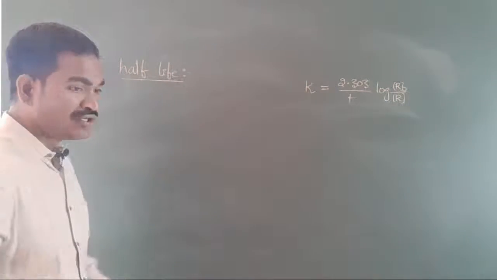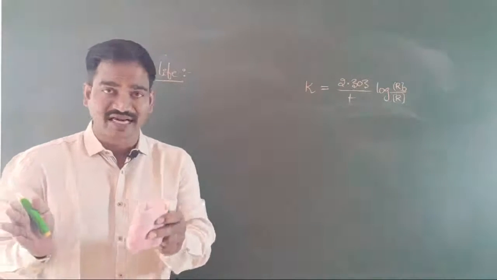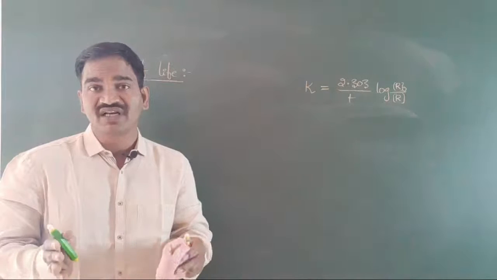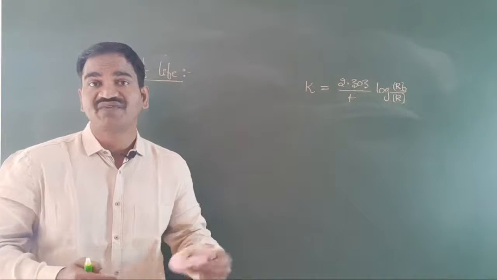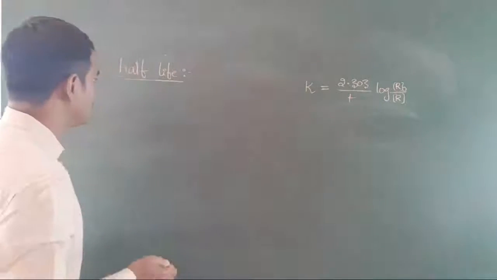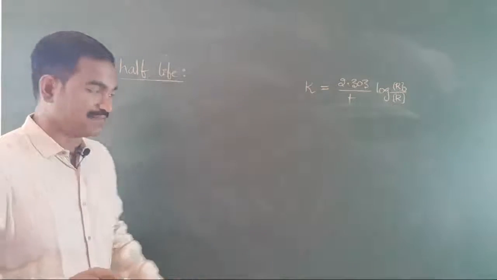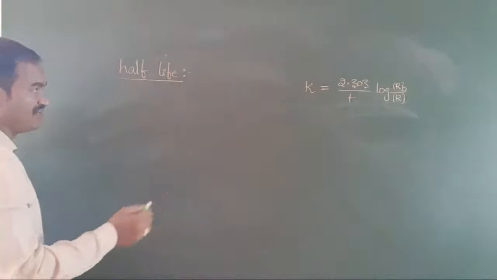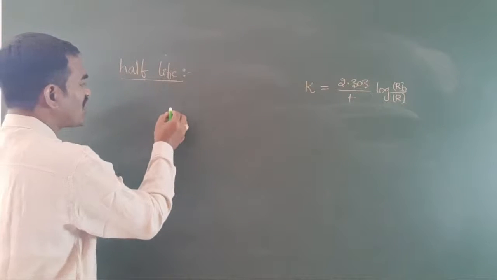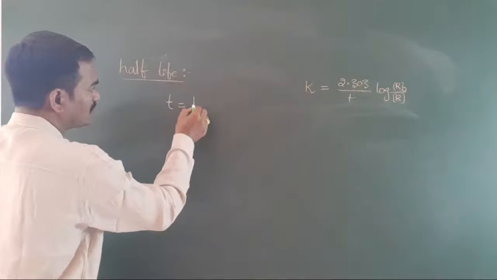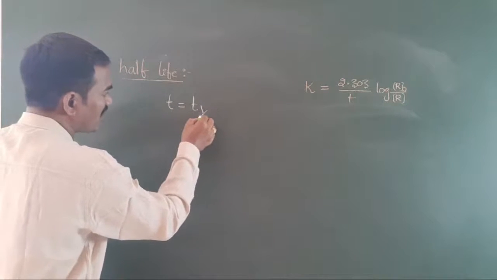For example, I gave 100 grams of reactant. How much time will it take to become 50 grams? That is called half-life. So simply, half-life terminology: t is equal to t half.